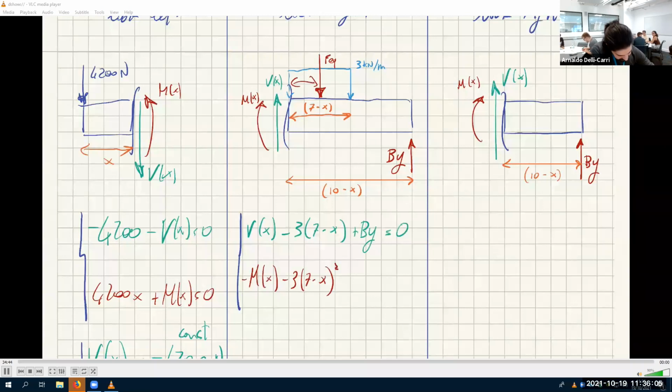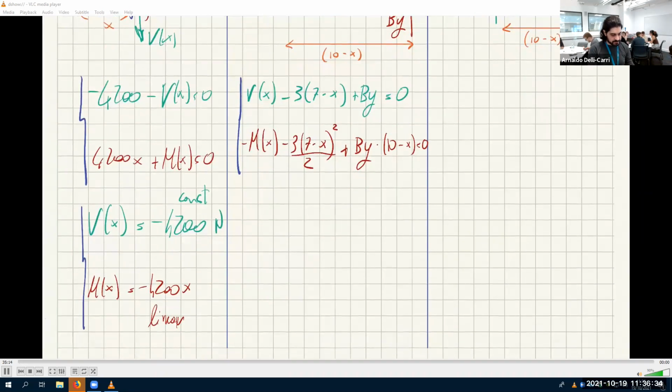So squared, divided by 2, plus by times 10 minus x equals 0. This is much more complicated, of course. Agreed? Now, while I rewrite v of x, you calculate m of x, and you let me know in the end what's the expanded form.